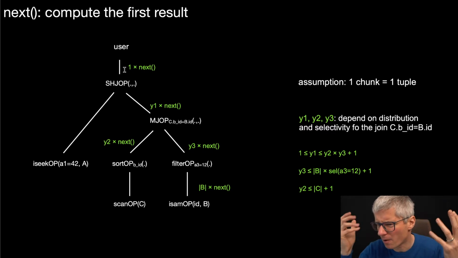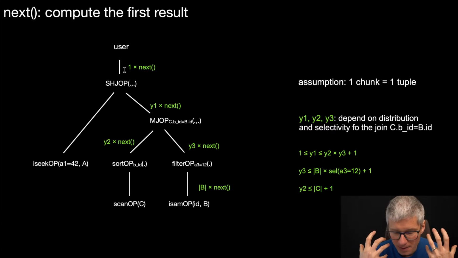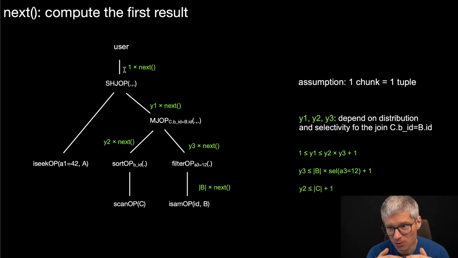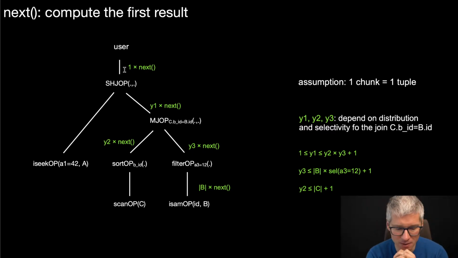Maybe I do a little bit more than the necessary work, but I don't process the pipeline to completion. I don't compute the entire query result at once. I just try to compute what's necessary in order to be able to answer the next call. Why would that make any sense? Think about that and write in the Discord channel.